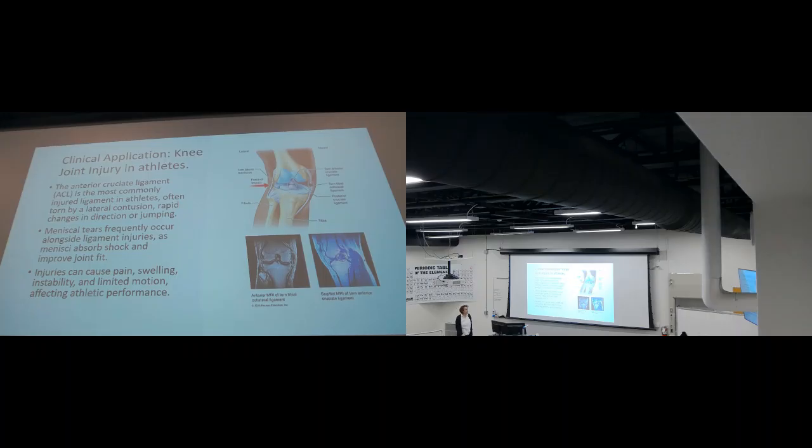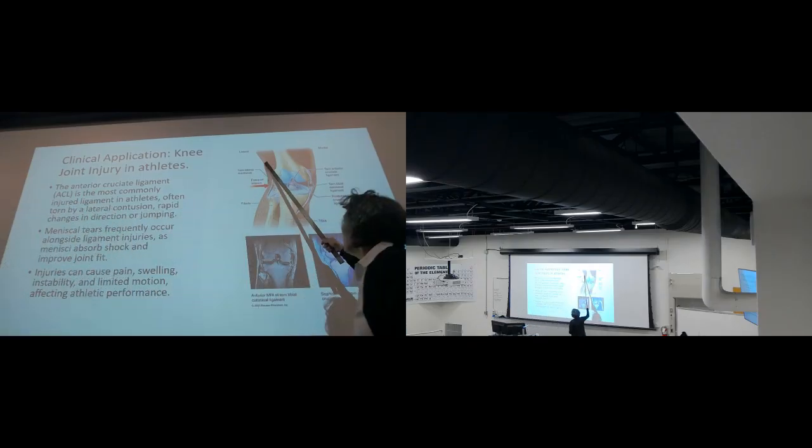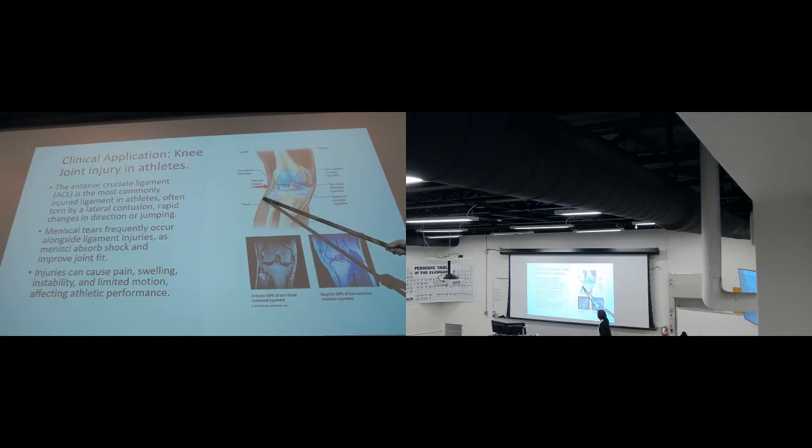So I already told you about this before. So we have injuries, like knee injuries. So in this case, the person receives a hit here on the side of the knee, and that will tear the meniscus, also this ligament, like the posterior cruciate ligament, and the tibial collateral ligament.